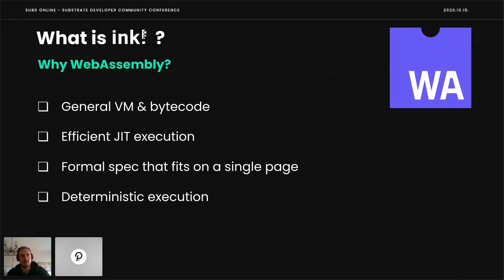The next question is, why are we using WebAssembly? It's a general virtual machine and specifies a general virtual bytecode. It was initially designed for very efficient JIT execution, meaning our smart contracts are just fast. Its formal specification fits on a single page.